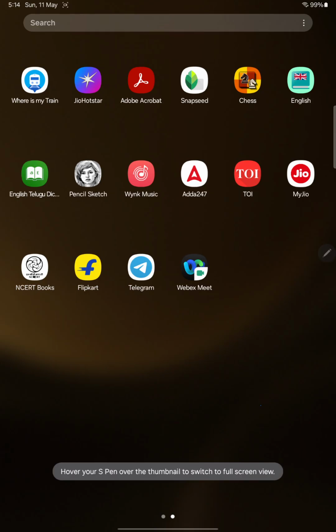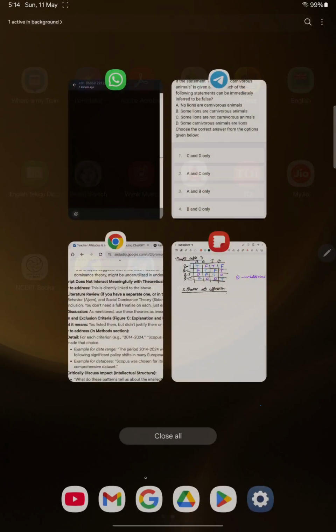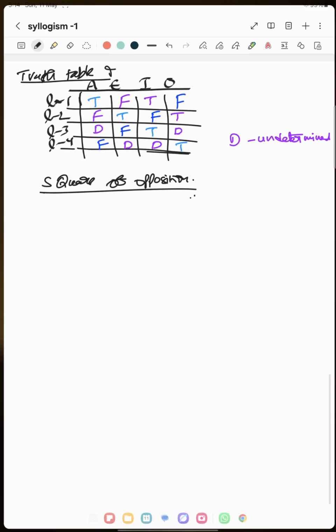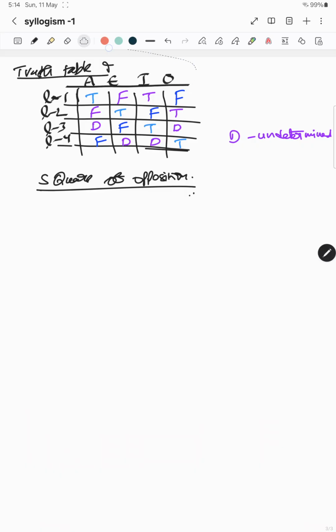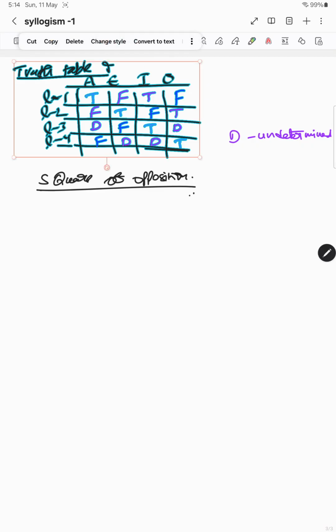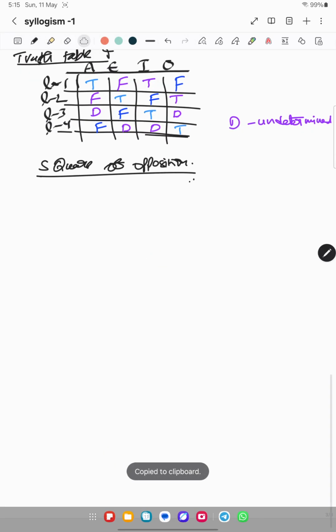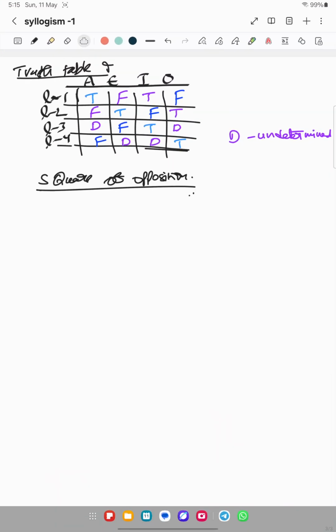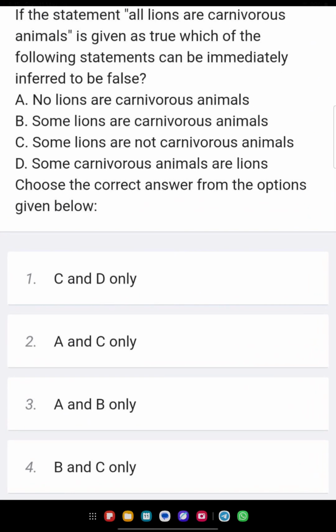So we got the truth table here, don't worry. Right, so this is our truth table. Let us select this, copy. And if we go back to our Telegram.